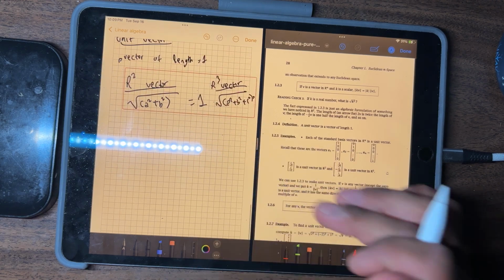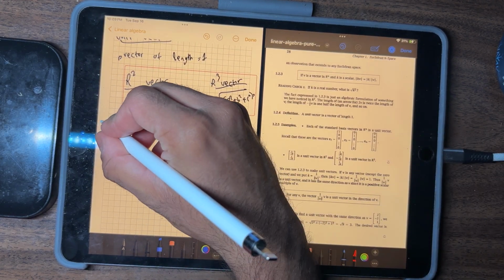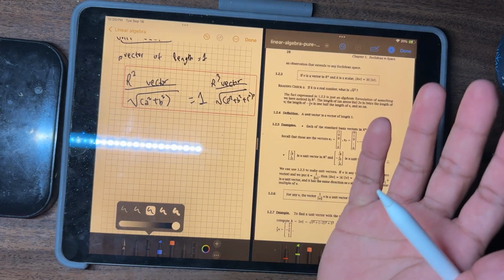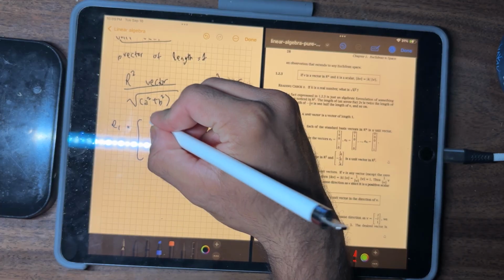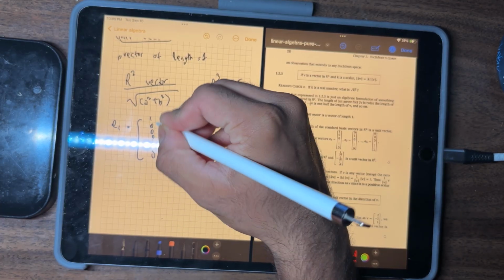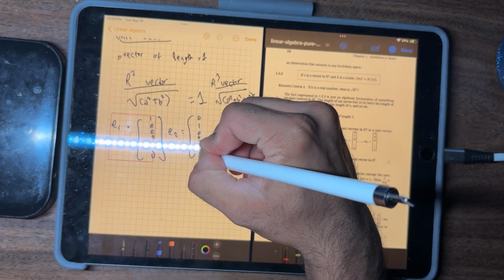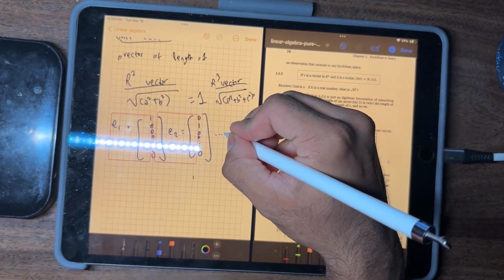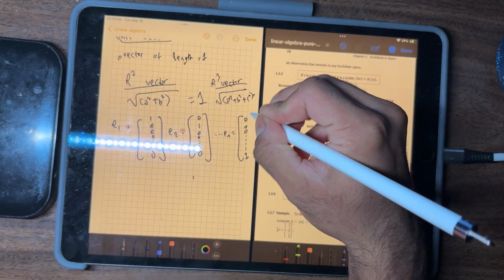So if I were to look at this example, obviously that's an unnecessarily big but easy example. If I have E1, which is represented as 1 0 0 0 0, E2 as 0 1 0 0 0, and so on, En, this is the standard basis vector 0 0 0 all the way to 1.